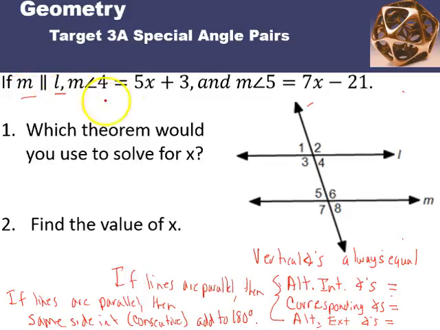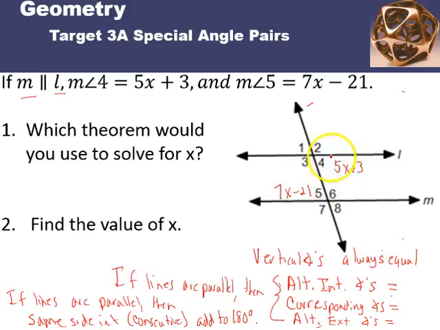I know that M is parallel to L. So that means that these 4 theorems, the alternate interior, corresponding, alternate exterior, and the same side interior angles theorems are all true. So I need to know now what kind of angles are 4 and 5. So here's 4, and 4 is 5x plus 3. And 5 is right here, and that's 7x minus 21.